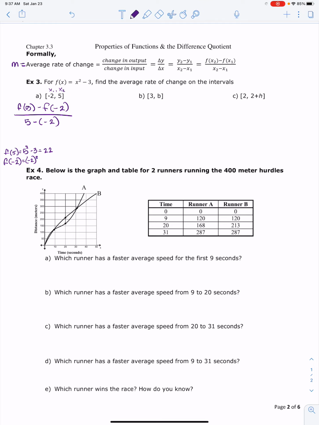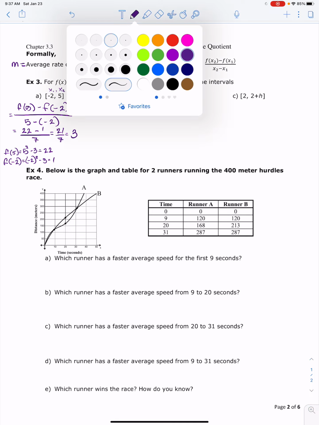That's going to make that a positive 4 when we square it. Minus 3 equals 1. So I got 22 minus 1 from below over 5 plus 2 over 7. 21 over 7, which equals 3.